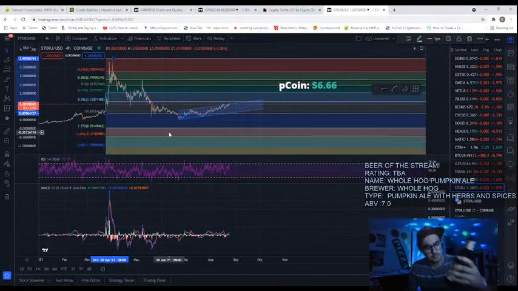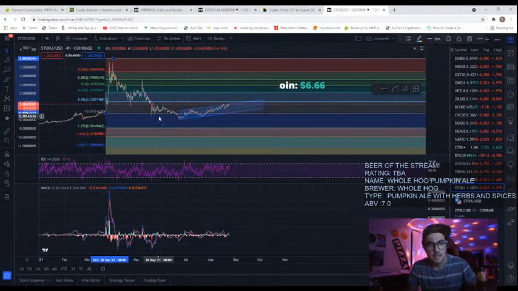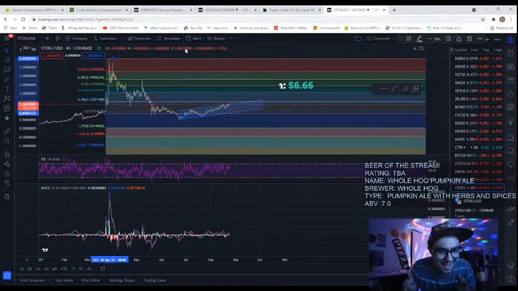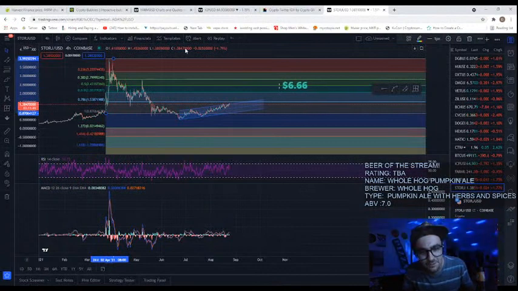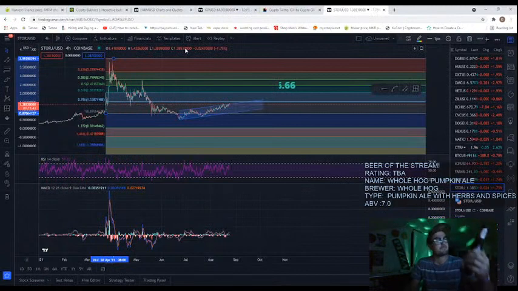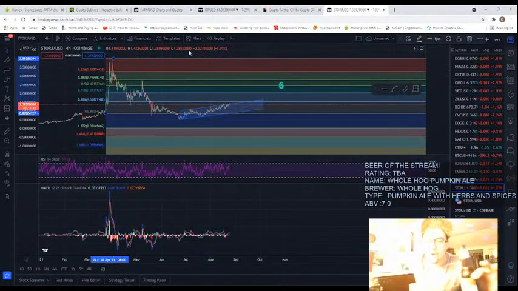So anyways, this is the pumpkin ale, because we're at the ADA pump stream. Get it? ADA pump stream. Pumpkin ale. So I got this pumpkin ale. It is a Whole Hog.